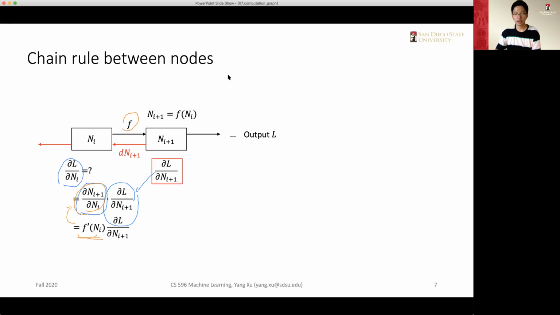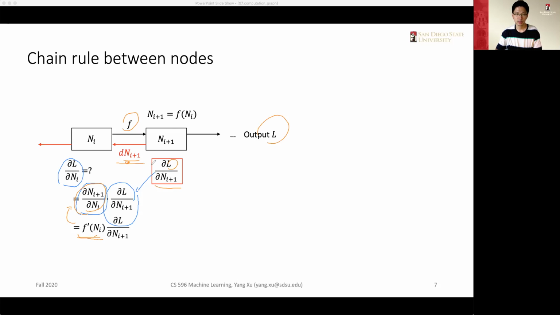So now we'll use some short notations, because it's not convenient to write the derivative of L with respect to some variable. So we'll use d followed by the variable name, like d of ni+1, to indicate the derivative of the output with respect to that variable.